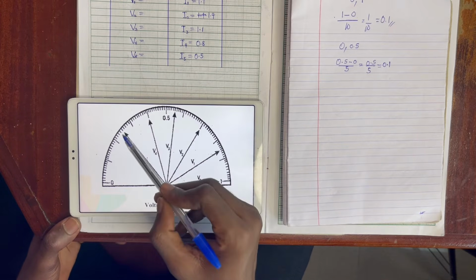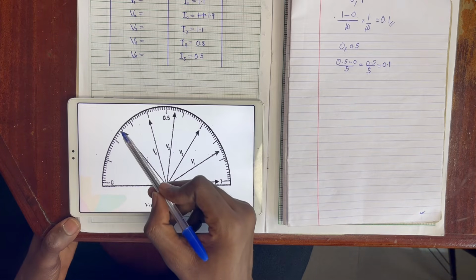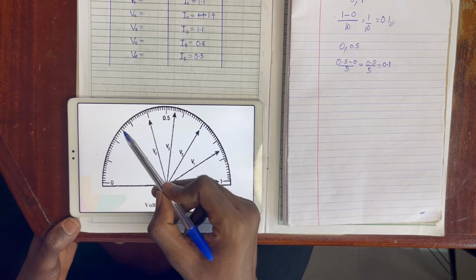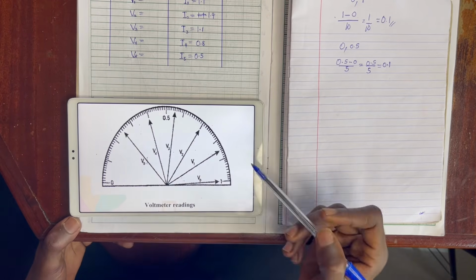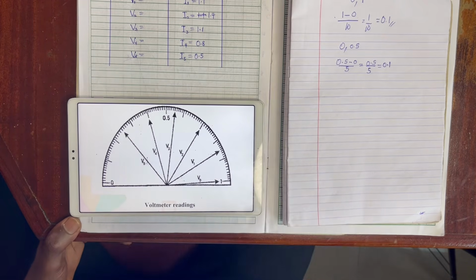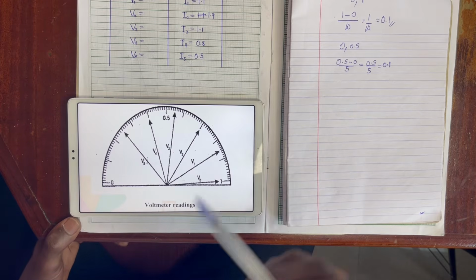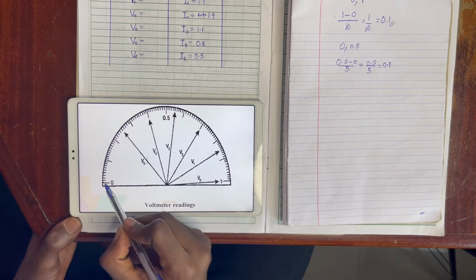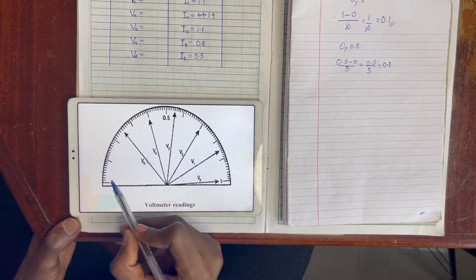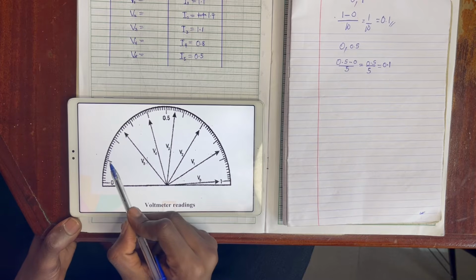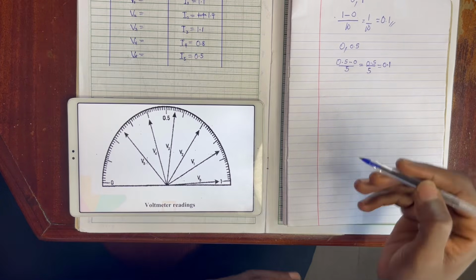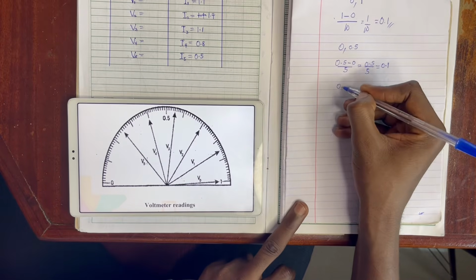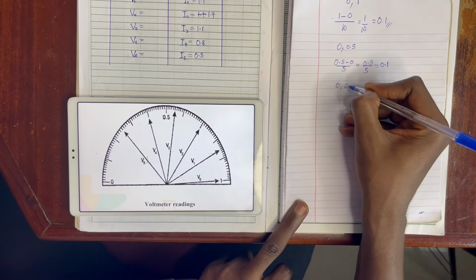Now, there are times where the reading will be very close to the mark, so you'd have to go further. For that, you will still use the same approach that I'm showing you. So assuming you want to know the smallest mark for each, you pick 0 and then 0.1.